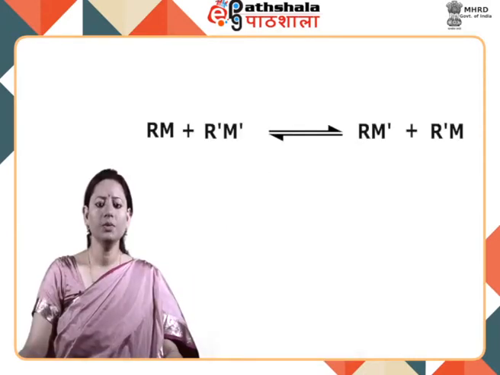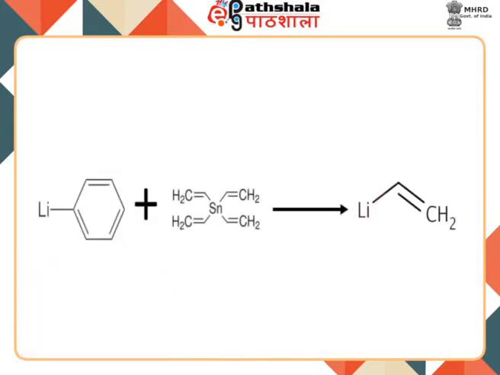RM reacts with R'M' in equilibrium with RM' and R'M. As examples, preparation of vinyl lithium from phenyl lithium and tetravinyl tin, and the formation of dialkylamino organolithium compounds from the corresponding organotin compounds, include an SEi mechanism.